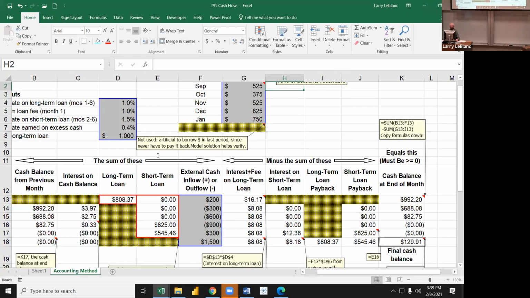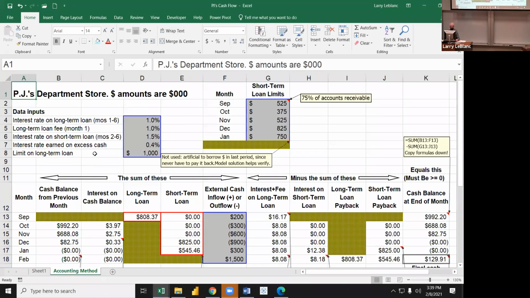Below gray is given data. The interest rate on the long-term loan, 1%. The long-term loan initiation fee, 1%. Interest on the short-term loan for months 2, 3, 4, 5, and 6, 1.5%.